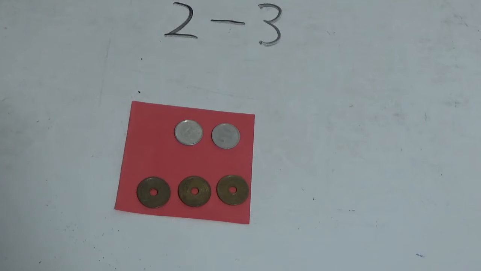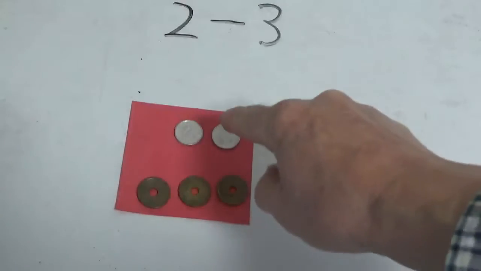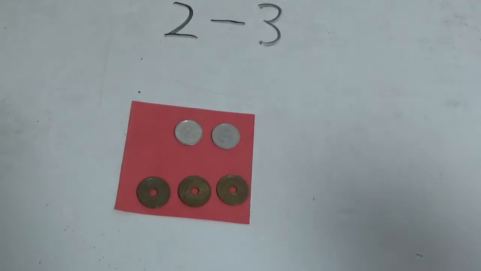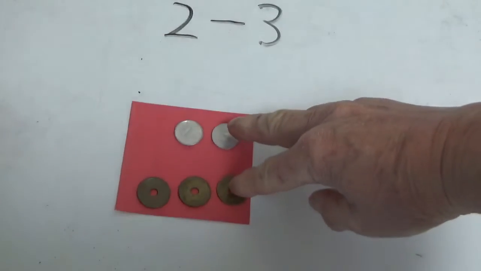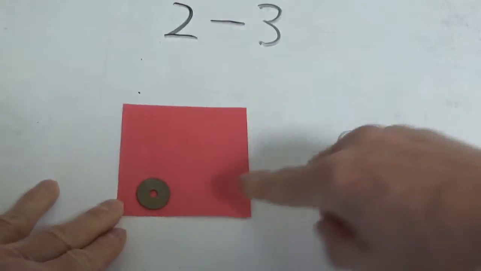Let's try 2 minus 3. These are coins from which 2 coins and 3 coins should be subtracted. So it cancels out.